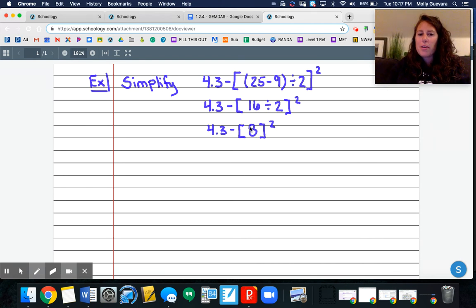But I've simplified my grouping as far as I can go. So now I move on to the next thing, which is exponents. 8 squared is 64. So this gives me 4.3 minus 64. And then the only thing left is to subtract. So 4.3 minus 64 gives me negative 59.7.